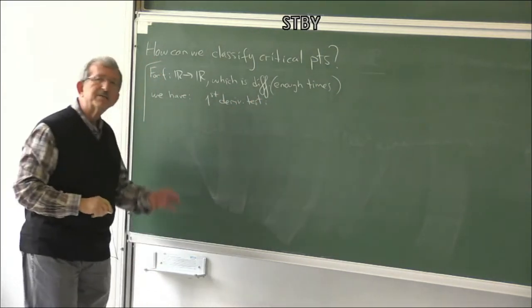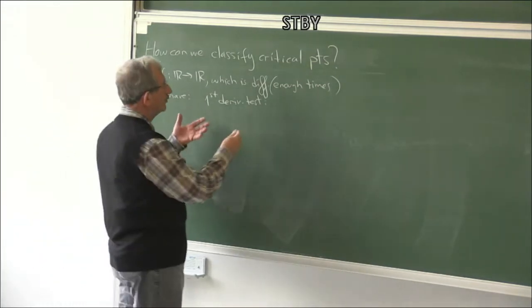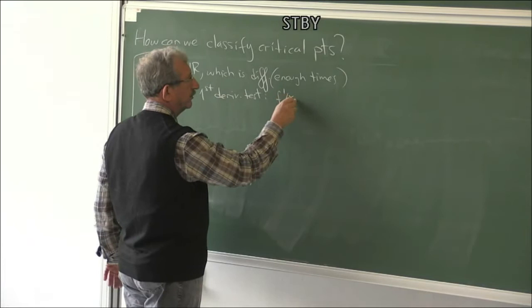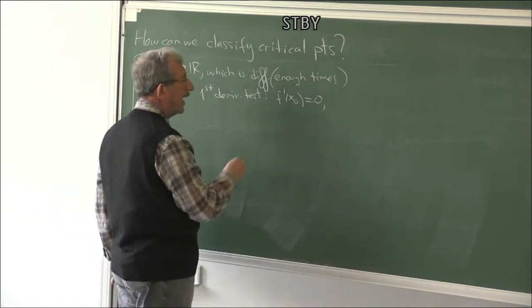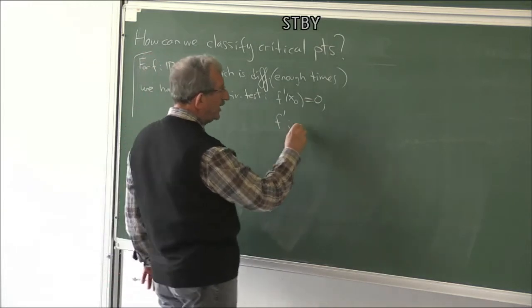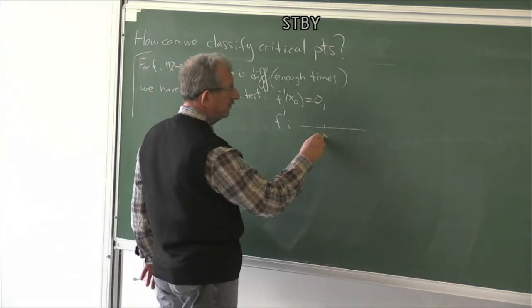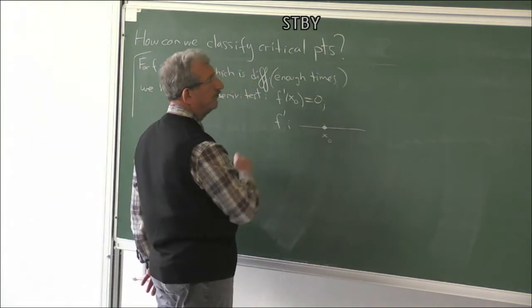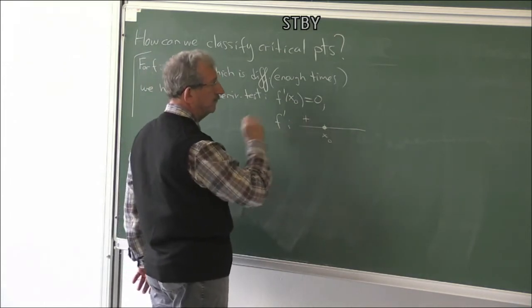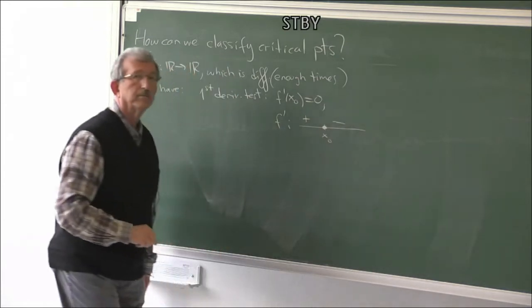Remember this says that, firstly, we have a critical point. So f prime x0 is 0, and f prime changes its sign at x0. Here it is positive, here it's negative.